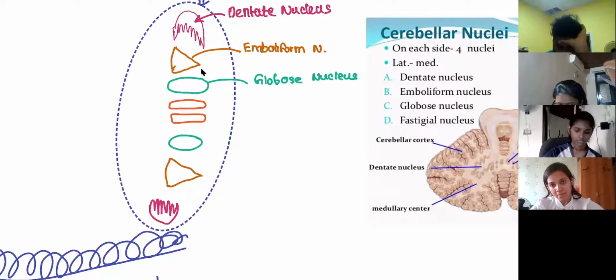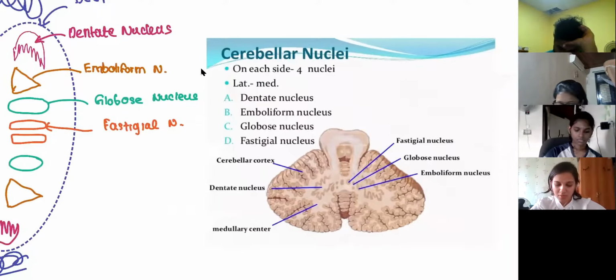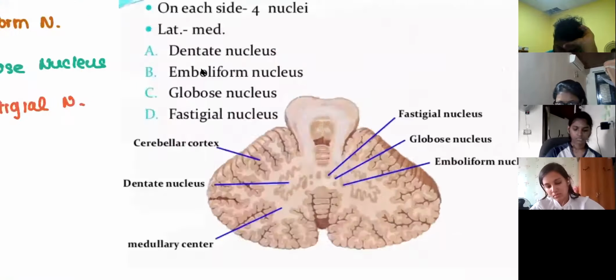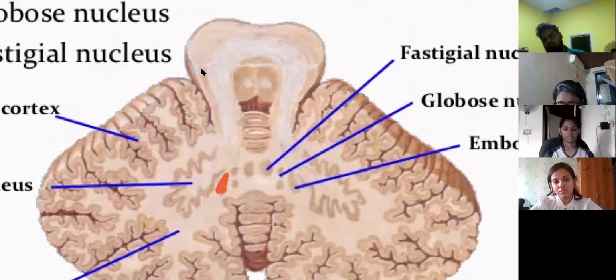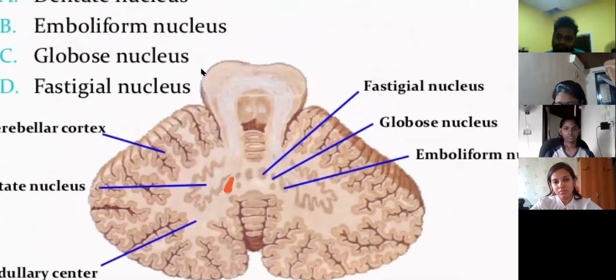The most primordial nucleus is called the fastigial nucleus. You can see here, on both sides you have the nuclei. Here's the dentate nucleus and the wedge-shaped emboliform nucleus. Next to it, you have the globose nuclei. And the most primitive is the fastigial nucleus.